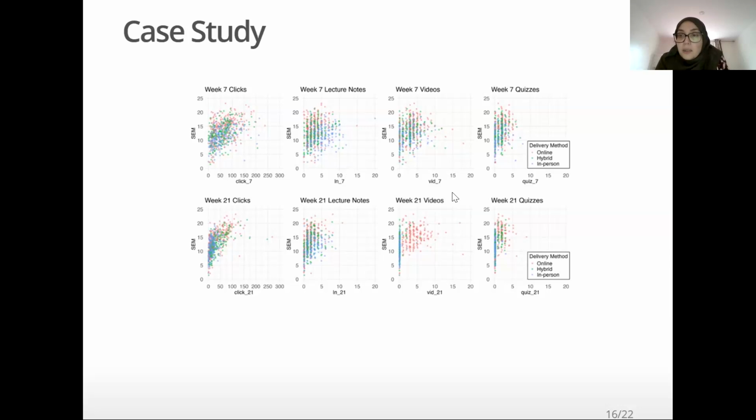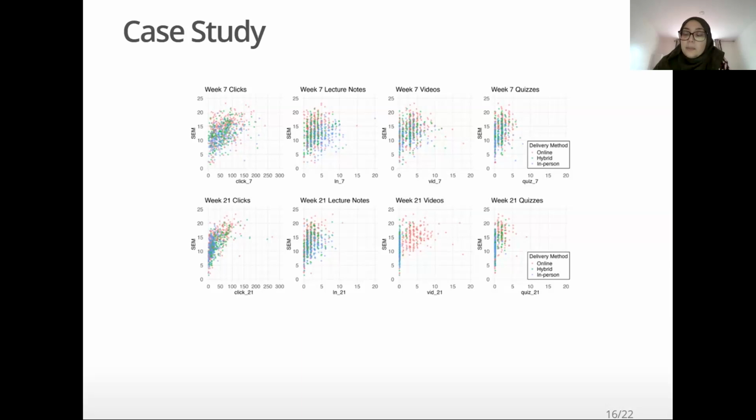And then in some other instances, we could see that the plot could indicate independence between the predictor and the delivery method, such as the evenly distributed clicks in the lecture notes here in week 7. Some other instances suggest dependency. So we need a bit more investigation.